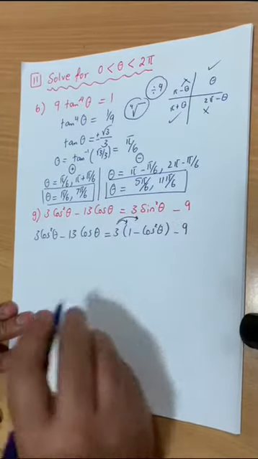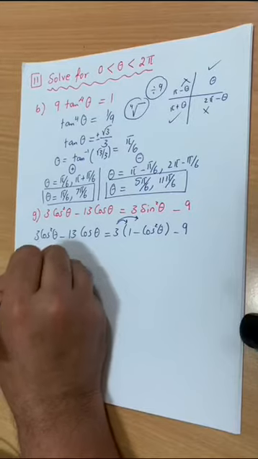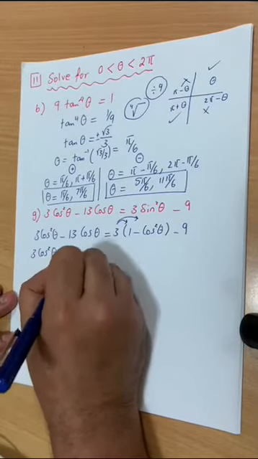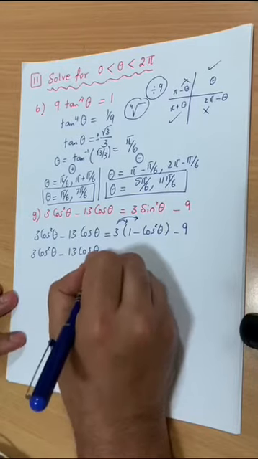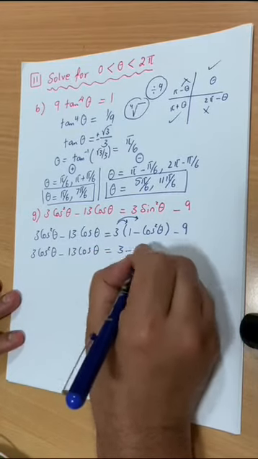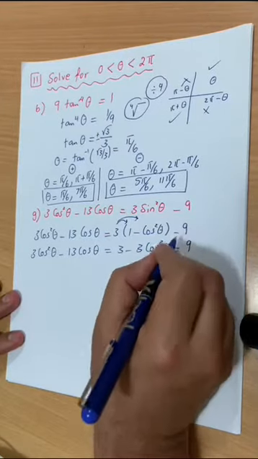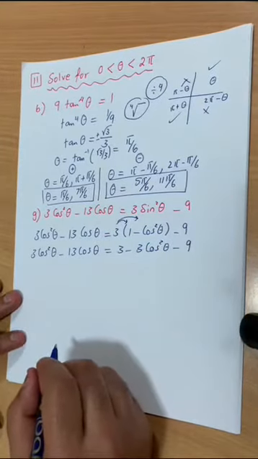Expand the brackets and then combine the like terms. 3 cosine squared minus 13 cosine theta equals 3 minus 3 cosine squared minus 9. Don't multiply 3 by the 9 because the 9 is outside the bracket.